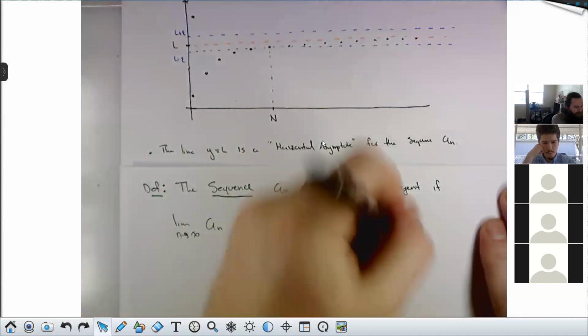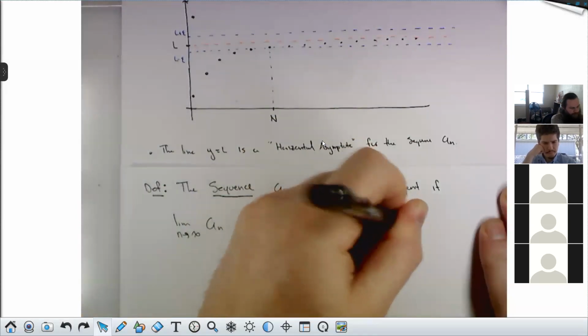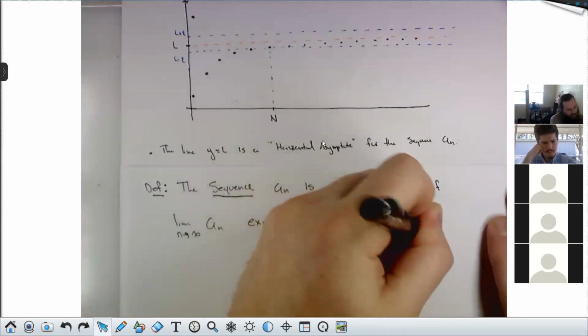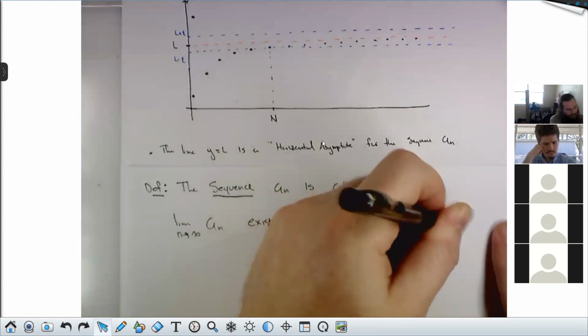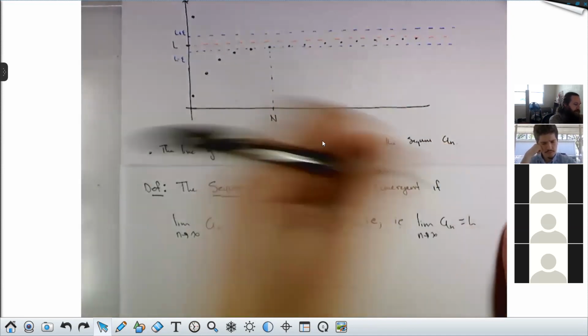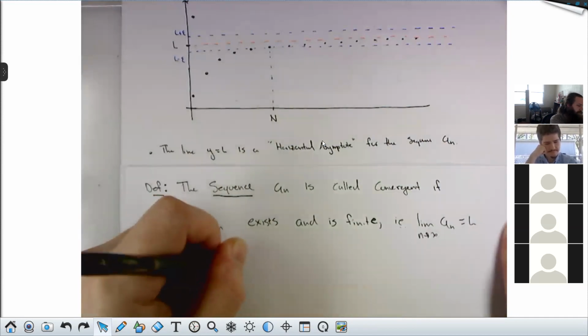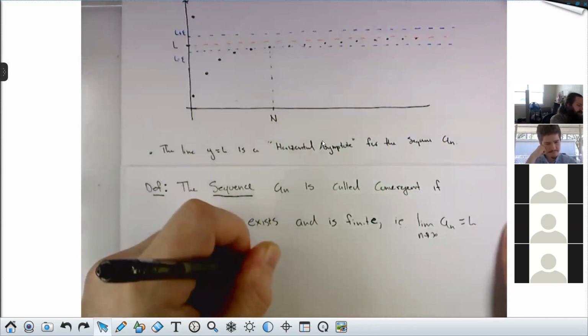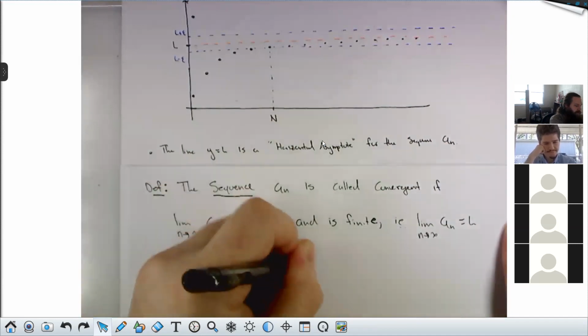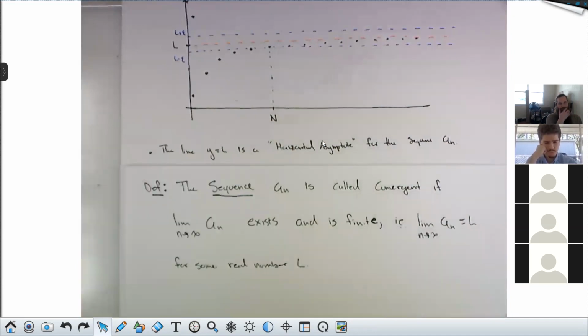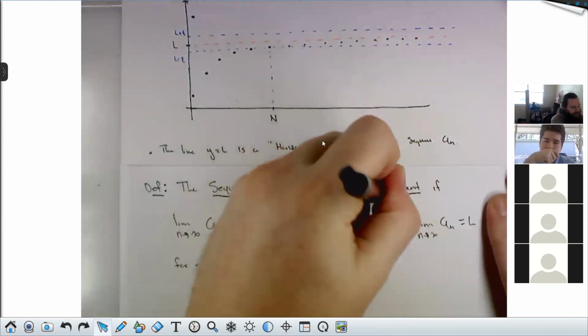In other words, i.e., the limit as n goes to infinity of AN equals L for some real number L. We call L the limit of the sequence, right? So a sequence is convergent if it has a finite limit.